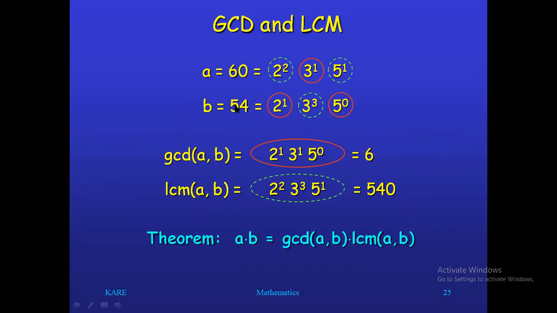Here also we multiply this one, I'm getting 3240. So when you multiply two numbers, this should be equal to the GCD of those numbers into the LCM of those numbers. If you multiply the GCD and LCM of those two numbers, I'm getting 3240. So the theorem is nothing but A into B is equal to the multiplication of the GCD and LCM. It's very, very important.